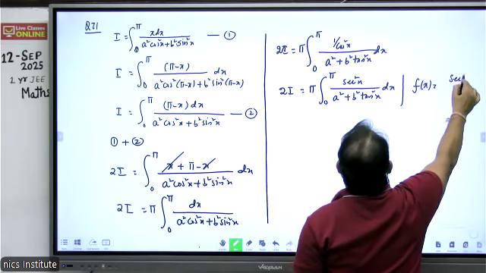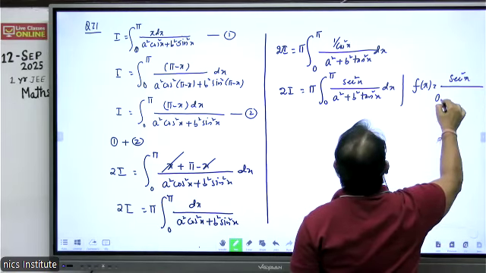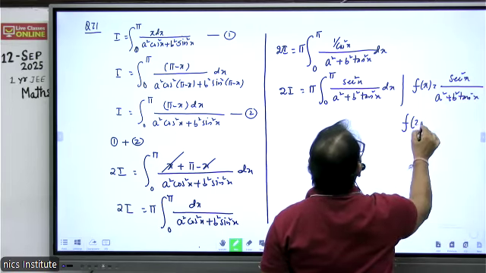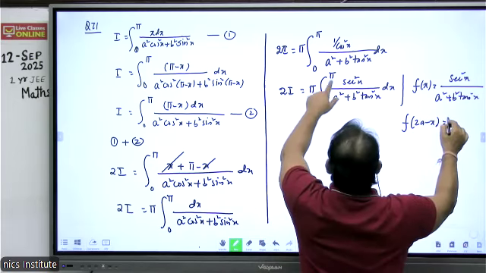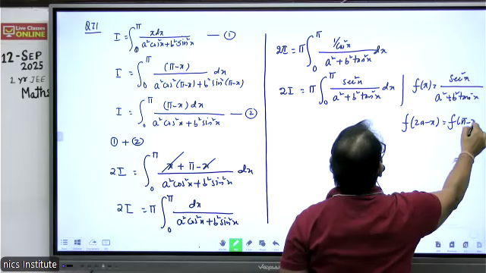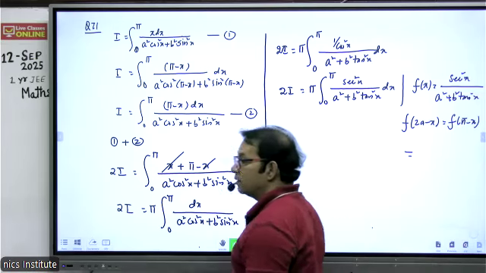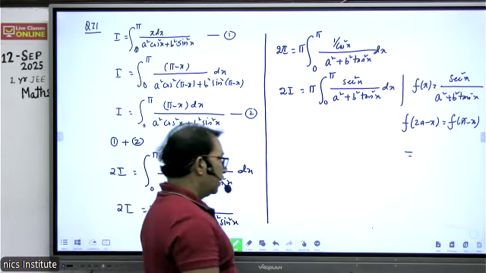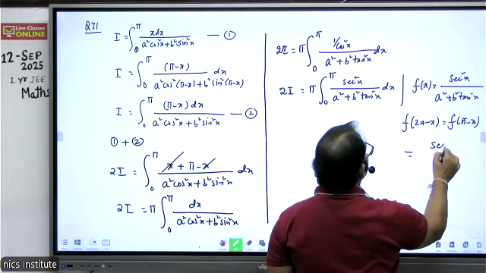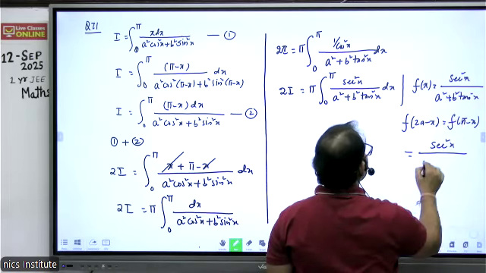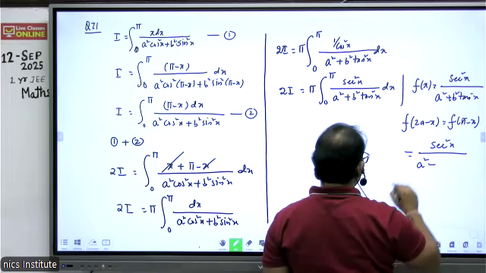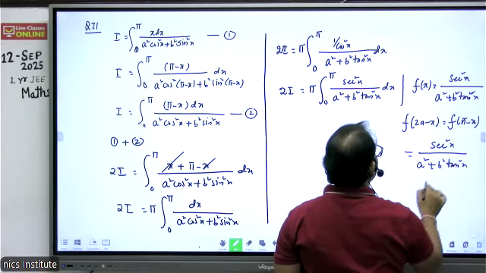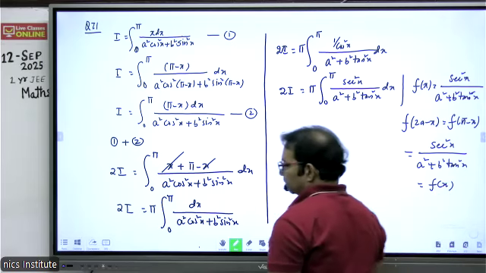The function is sec square x over a square plus b square tan square x. Tell me what is f of (2a minus x). 2a is basically pi, so you find f of (pi minus x). Sec(pi minus theta) is minus sec theta, second quadrant, but it's squared, so it will become positive. Tan(pi minus x) is minus tan x, but squared, so it will also become tan square x, which is basically f x.